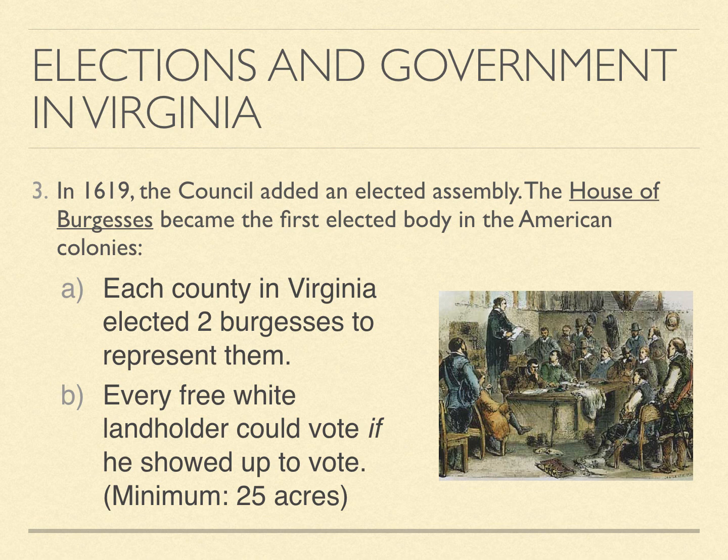This also excluded females. You had to be a male to vote. If you were an indentured servant, you didn't own land, definitely didn't own 25 acres of land, so you didn't have the right to vote. Slaves obviously did not have the right to vote. So it was just wealthy white men who were allowed to even vote.